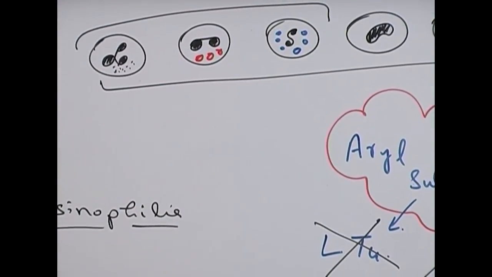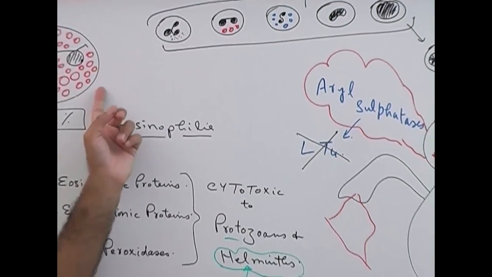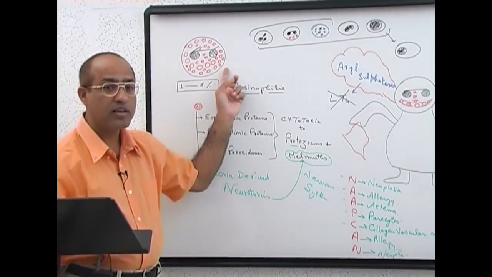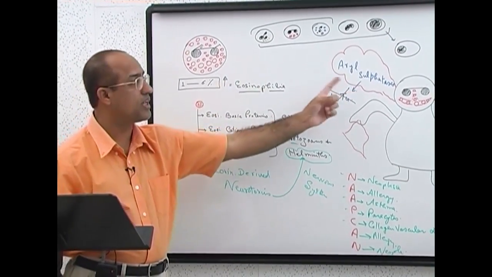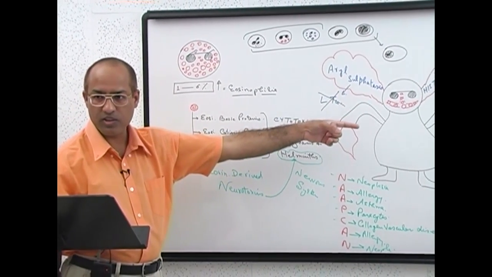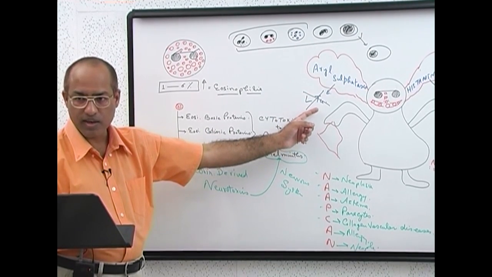Basic dyes, right? And a very important function of eosinophils is that they reduce inflammatory reaction in the tissues where they go, by producing histaminases and aryl sulphatases. Histaminases reduce the histamine concentration there. Aryl sulphatases reduce the leukotrienes there, right?